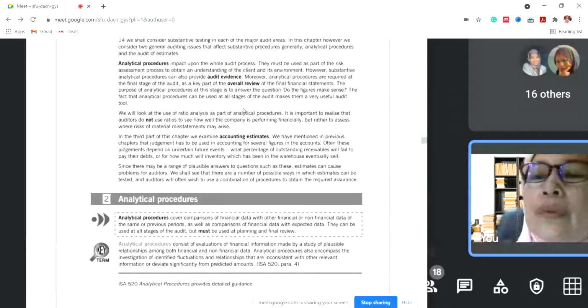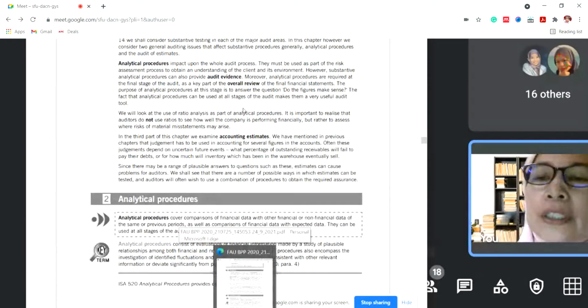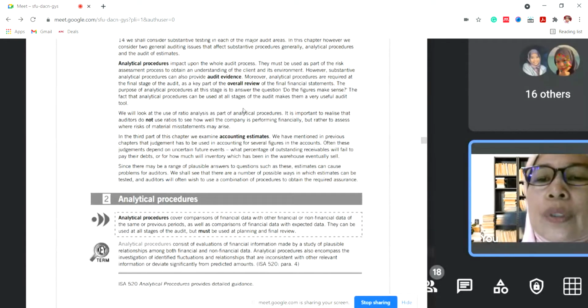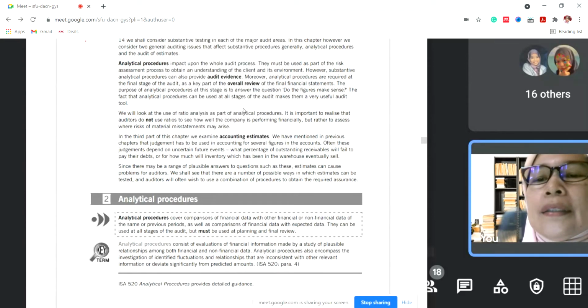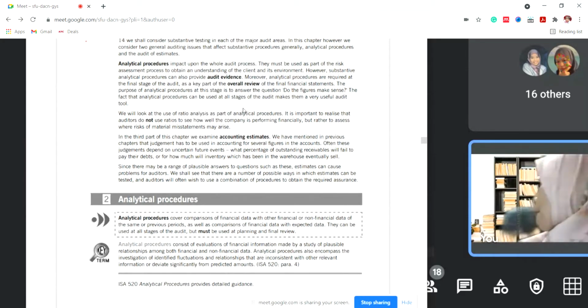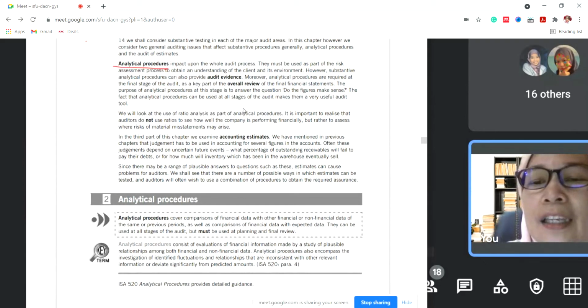Today we look at the first substantive procedure, that is analytical procedures. For the analytical procedures here, it affects the whole audit process.